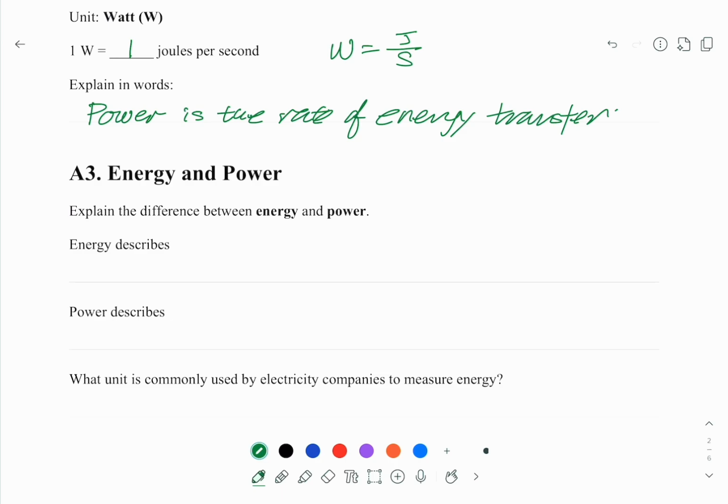Energy versus power. Energy describes the total amount of energy used. Energy is also the unit used to describe the work done by a force.